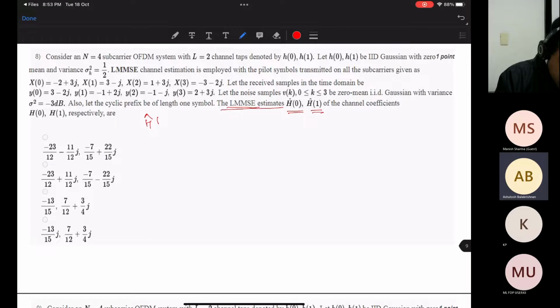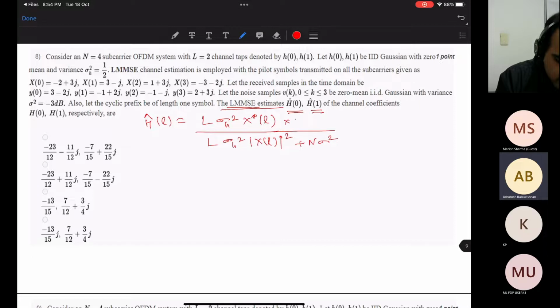For h hat L, the formula is given as discussed in lectures: L times sigma x square times x conjugate L, divided by L sigma h square times the magnitude of x L square plus N sigma square, and this is times Y of L. This is my formula for computing the estimate, right?